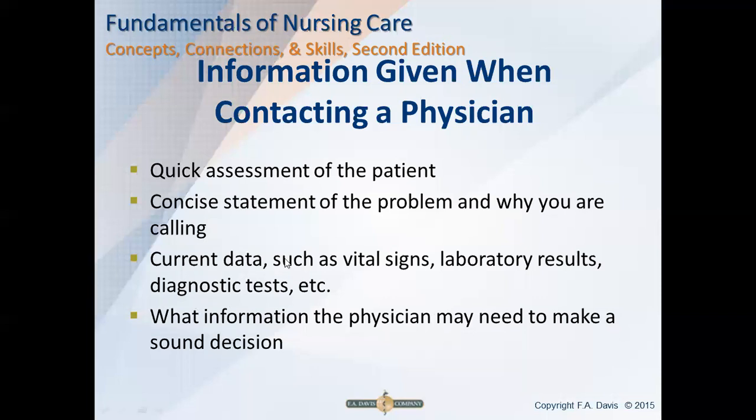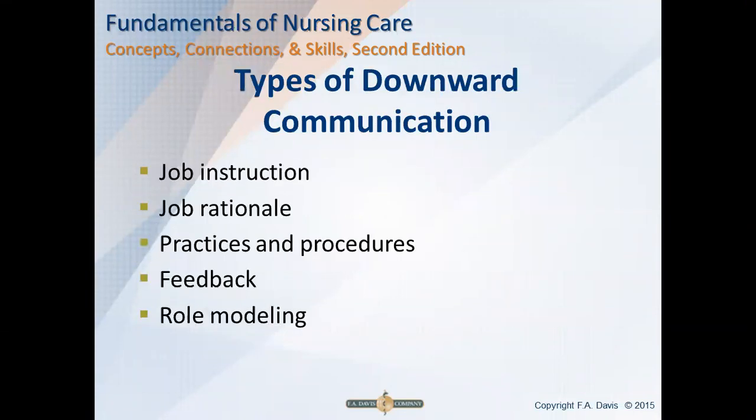Also diagnostic tests. You have to prepare any positive signs to convey to the physician. What information may the physician need to make a sound decision? Based on your information and your data, the physician makes a plan. He will come now or later, and what we will do next.